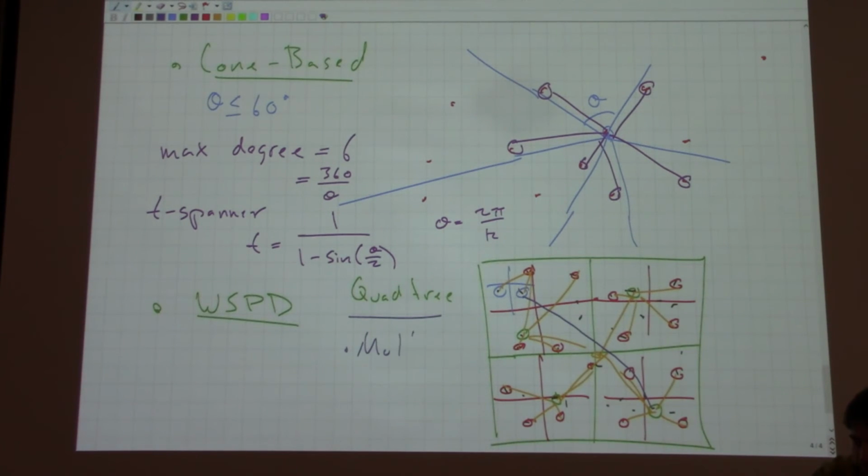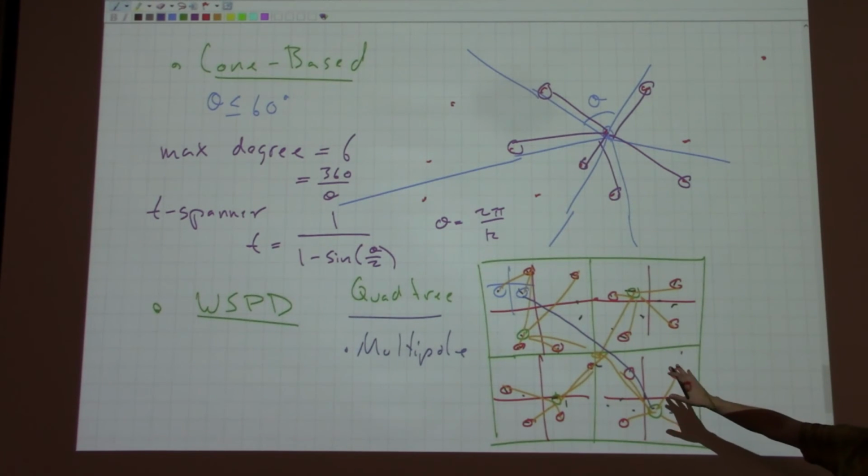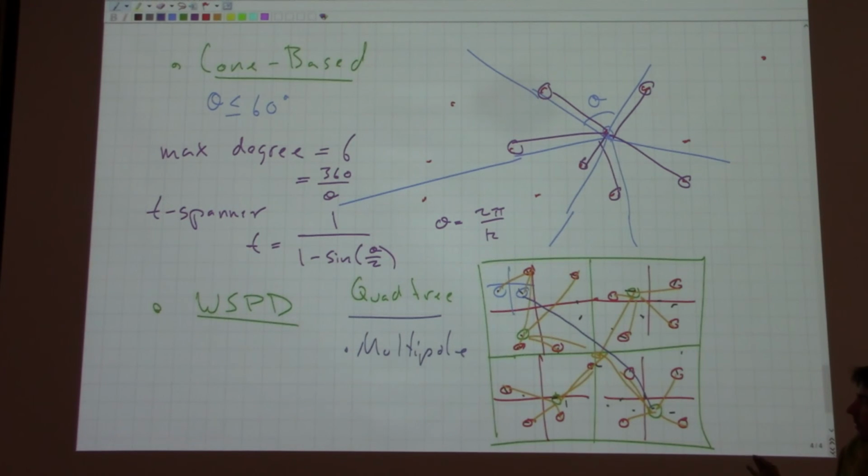If you've seen these multipole methods in scientific computing, it's basically the same idea. If you do the fast Gauss transform or something, it uses some basic decomposition like this as well. This sort of trick comes up all over the place, and you can also do graph sparsification this way.